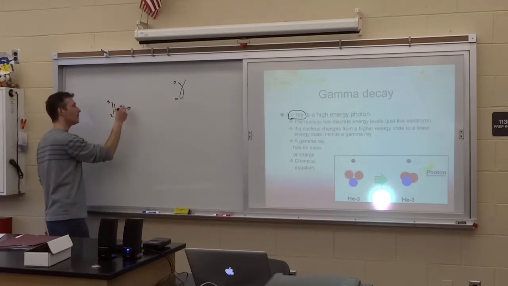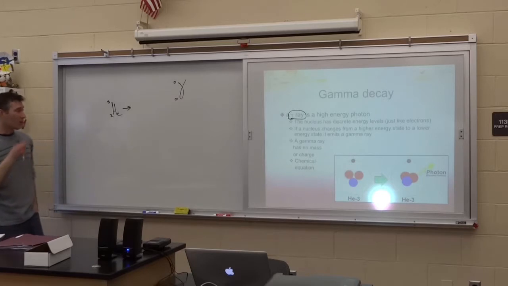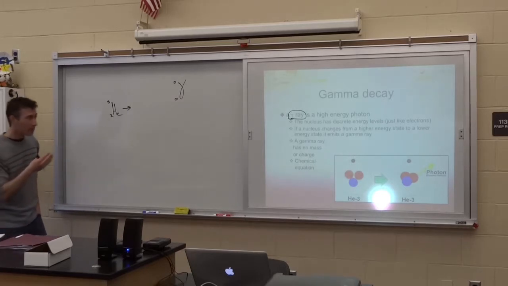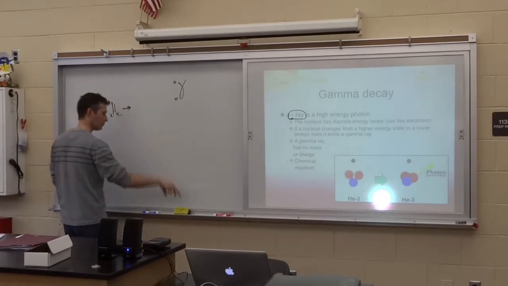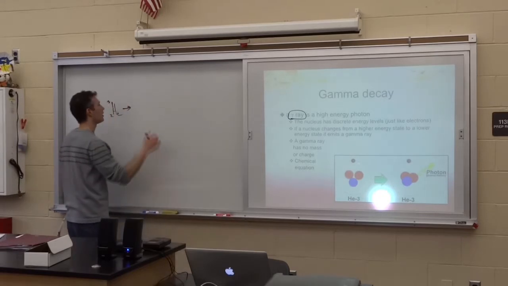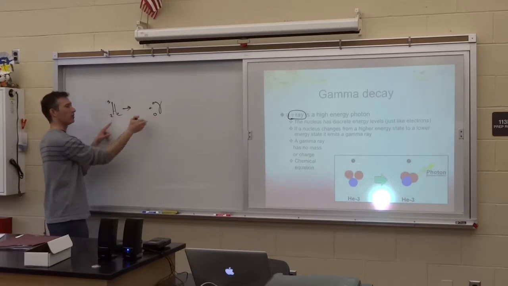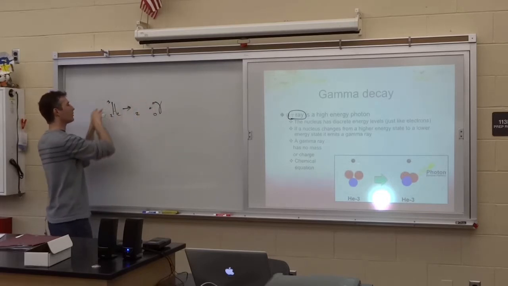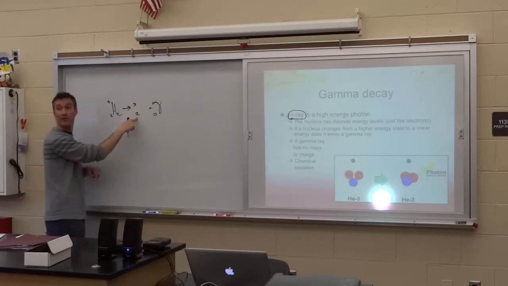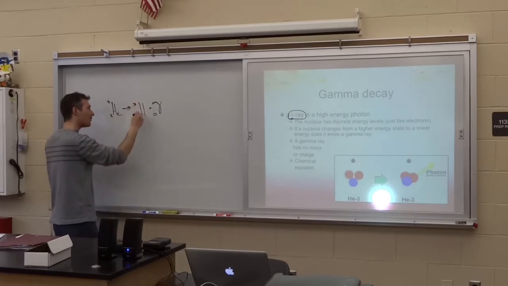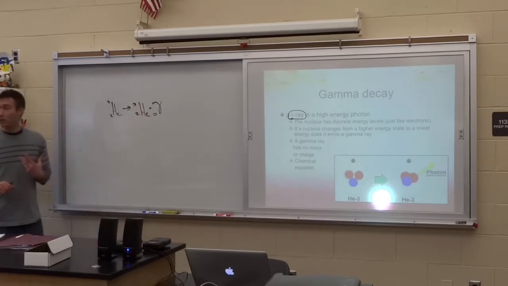So this helium-3 is unstable, and it gets a little bit more stable by emitting a gamma photon. And then what do we add to 0 to get 2? 2. What do we add to 0 to get 3? 3. Who do we have? We still have helium-3. It's actually the same isotope.